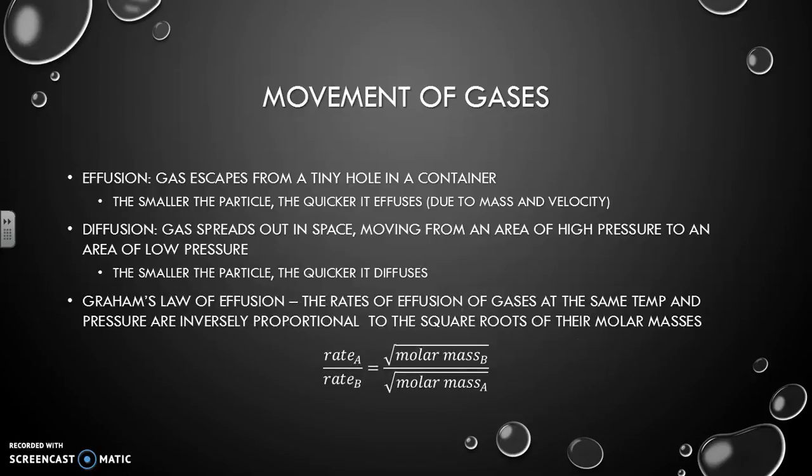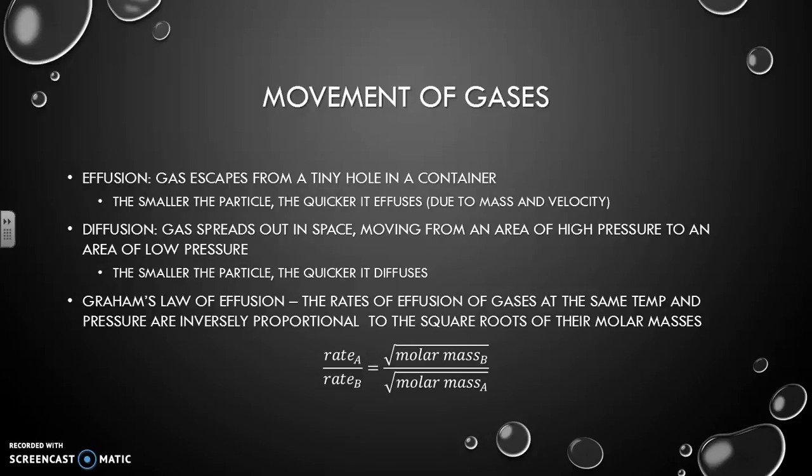Okay, movement of gases. There are different ways that we can describe the movement of gases. We have effusion, which is when a gas escapes from a tiny hole in a container. The smaller the particle, the quicker it will effuse, and that's not necessarily due to the size of the particle. It's actually more based on the mass of the particle and how quickly it's moving.